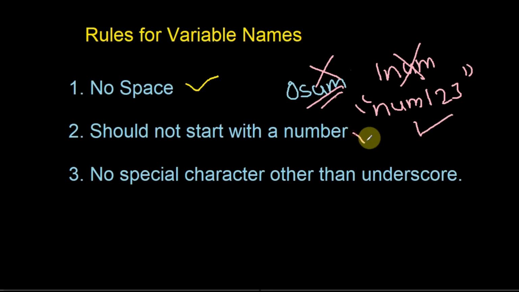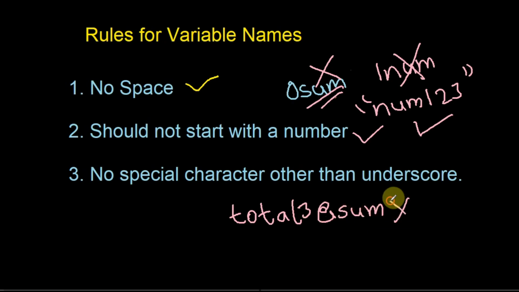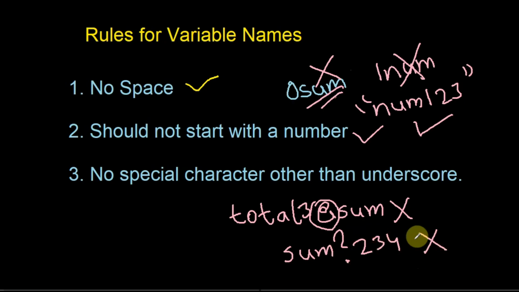Variable names should not start with a number, and there should be no special character other than underscore. If you have a variable like total3@sum, this is wrong because it contains a special character in between. Something like sum?234 is also incorrect.